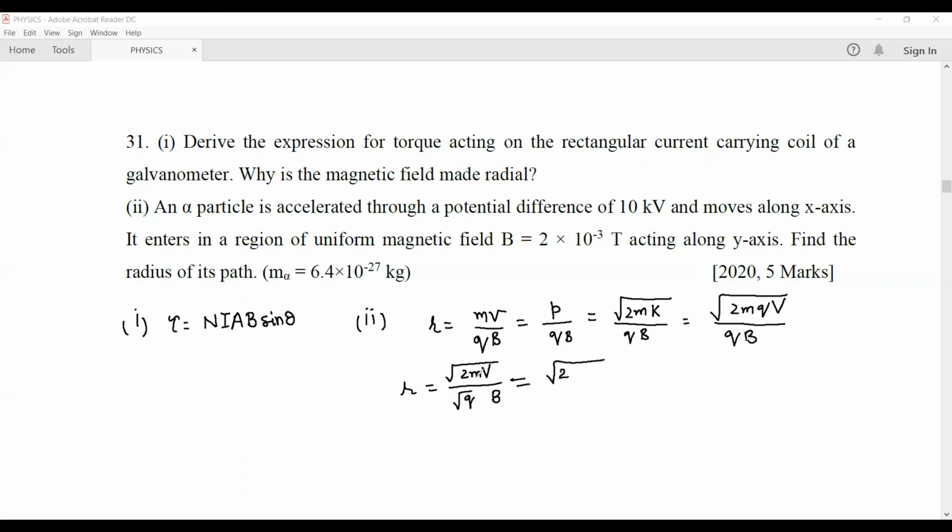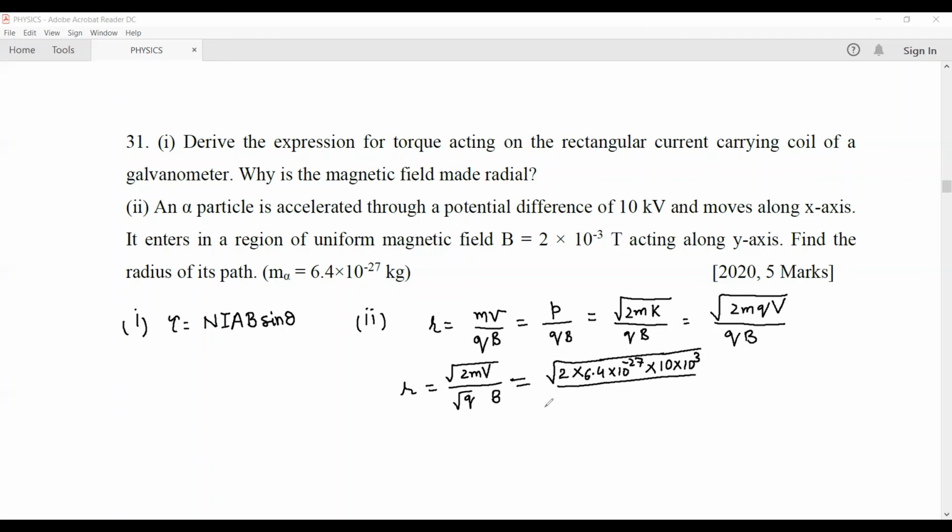As the particle is an alpha particle, its mass is 4 times the mass of a proton. That is, it is equal to, as given in the question, 6.4 into 10 raised to the power minus 27 kg. Into the potential difference, which is 10 kilovolt, that is 10 into 10 raised to the power 3 volts.